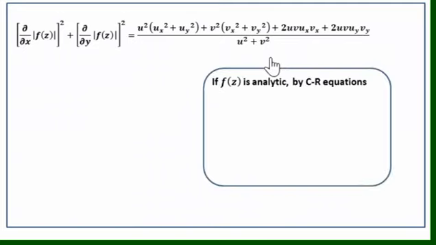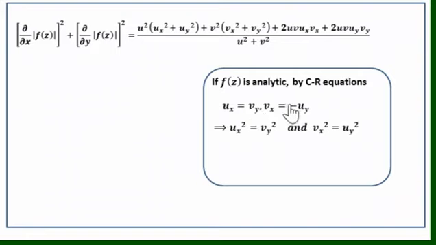Now since f(z) = u + iv is analytic, we have ux = vy and vx = -uy, or we can write ux² = vy² and vx² = uy². Also, ux vx we can write as ux into vx, which is from this, -uy into vy, and we are going to replace ux vx by -uy vy.